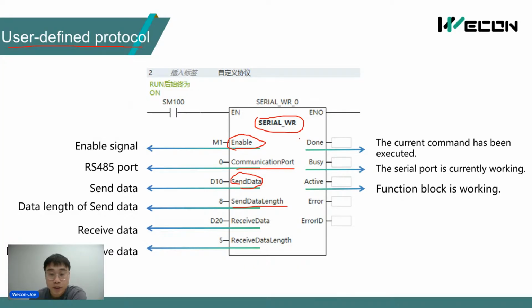Let me introduce the right part, and they are the same as the Modbus function block. Done means the current command has been executed. Busy means the serial port is working, and Active means the function block is running.